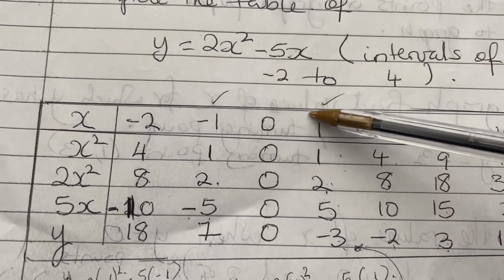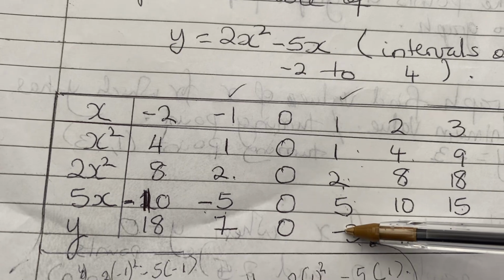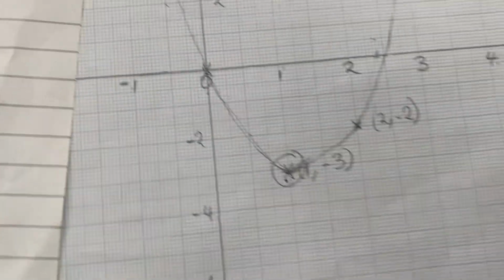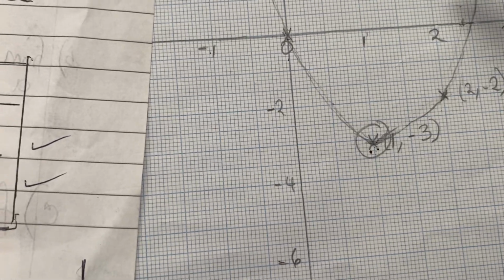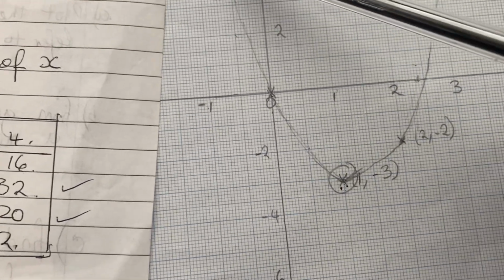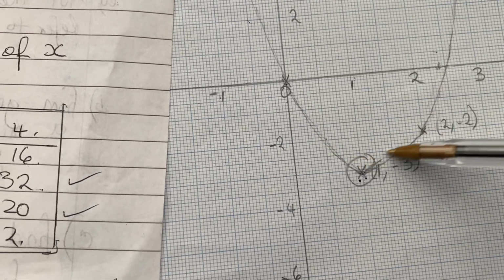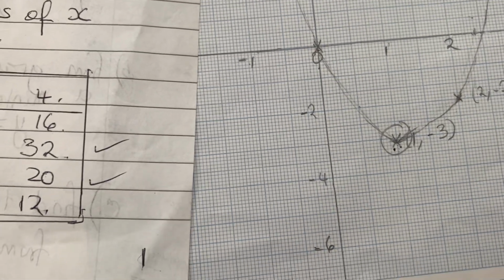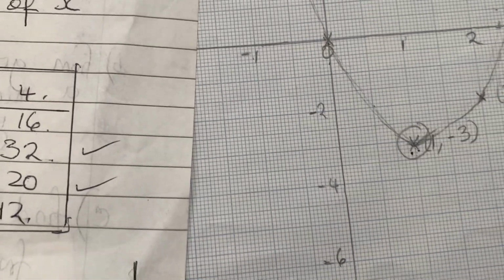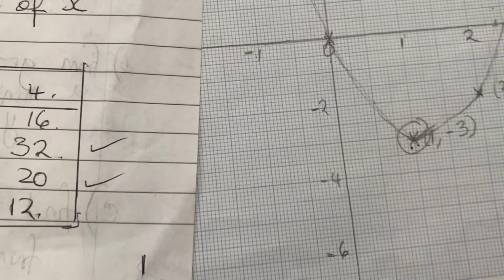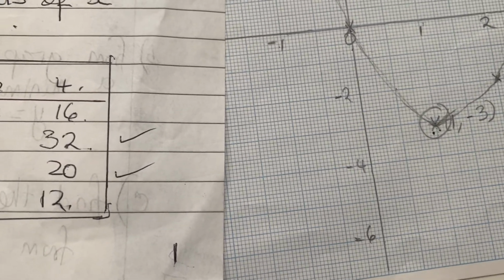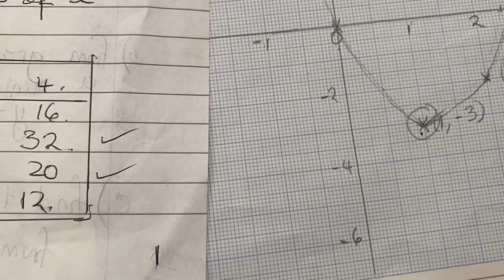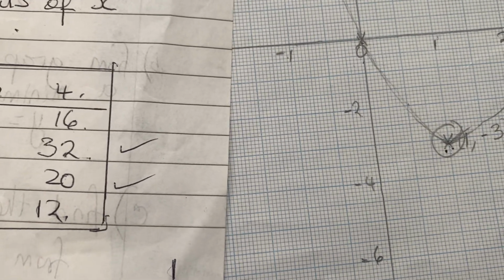And then when x is 1, y will be -3. So this part of the graph is right. Okay. At times, you might not get your graph to be that symmetrical, but you just have to be sure, because graph work carries a lot of marks. So if you are going to do it, you might as well get all the marks. Okay.